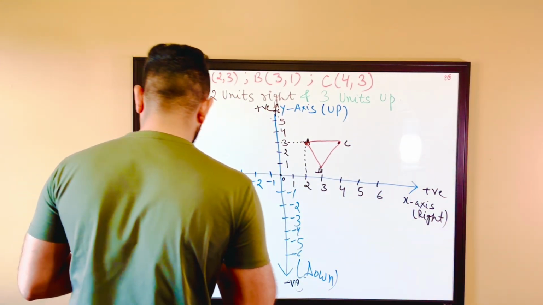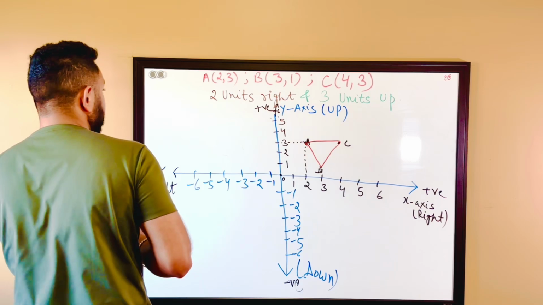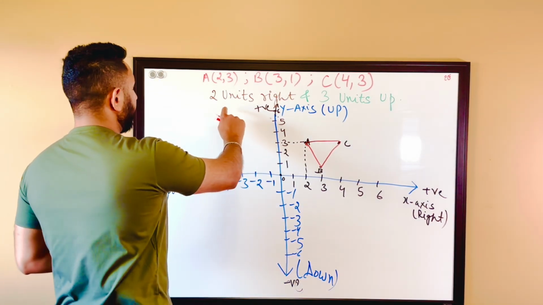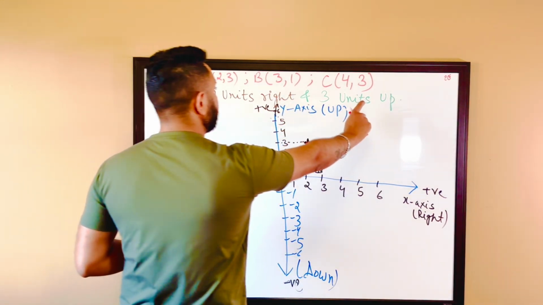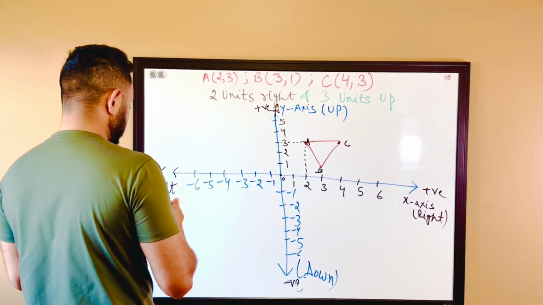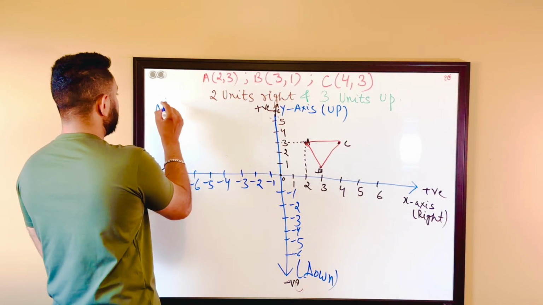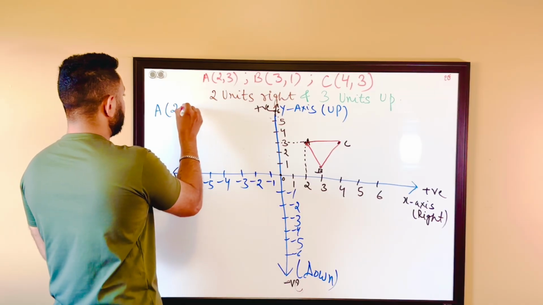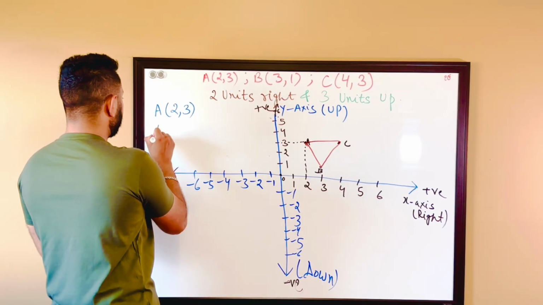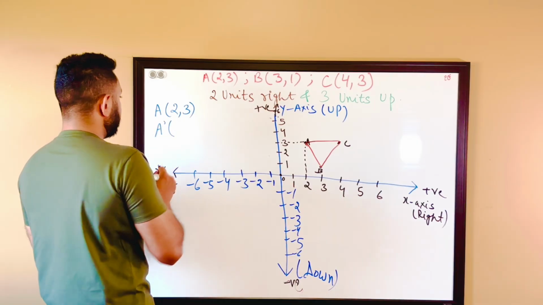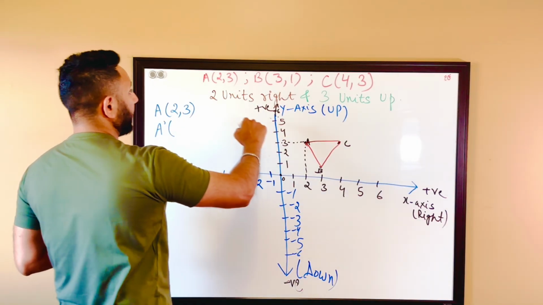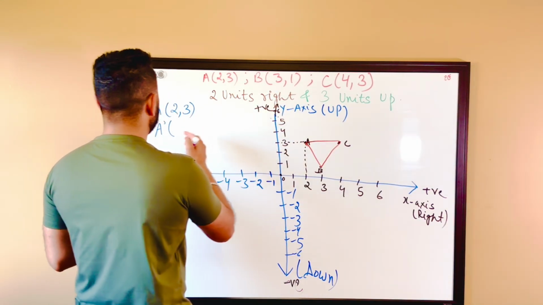So now we're going to apply this translation, 2 units to the right and 3 units up. The A is 2, 3. So after translation, A is going to be 2 units to the right.